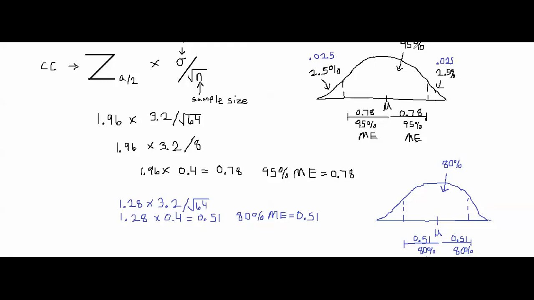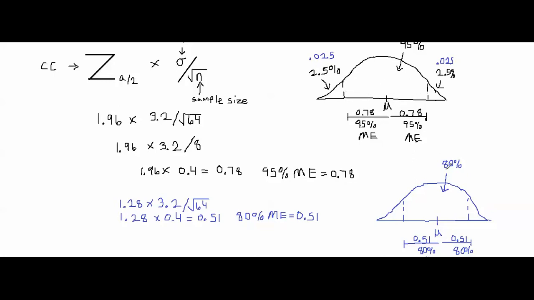Back when we calculated the 95% margin of error, we found out that 95% of the possible samples were between the two boundary points. Because by definition, the 95% margin of error is the distance from the population mean to the lower end and the upper end of the middle 95%.